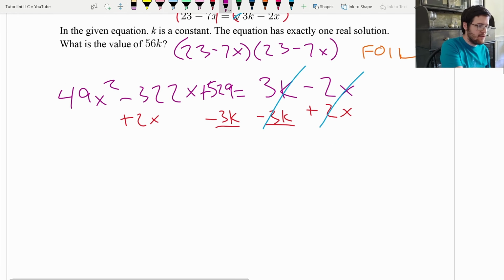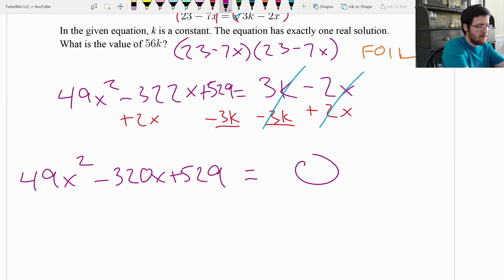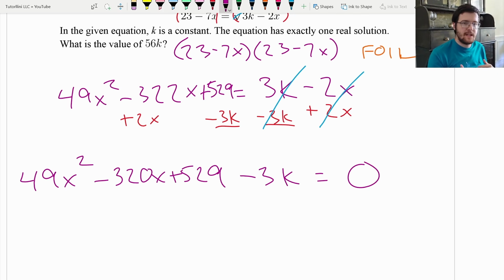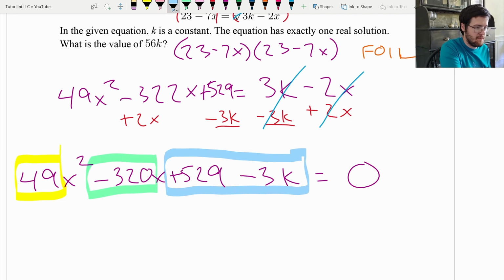And we are left with 0 over here, 49x squared minus 320x plus 529 minus 3k is equal to 0. Now we're going to quickly identify A, B, and C. So A is 49, B is negative 320, and C is the constant term. So anything without an x is part of the constant term. Neither of these guys have an x, so they're both part of the constant term.